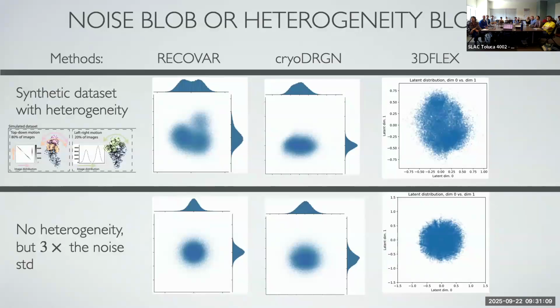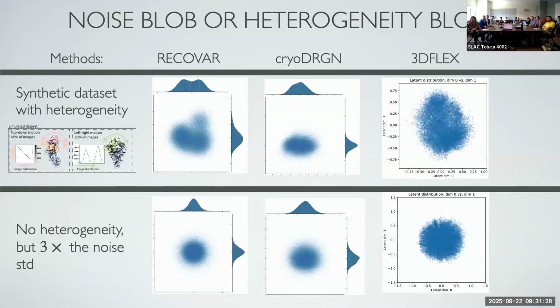The top one is the data set I just showed you with some synthetic heterogeneity. And the bottom one is another synthetic data set, but I scrubbed out all of the heterogeneity. So in this data set, there is only a single state. But these are heterogeneity methods, so they'll try to predict some heterogeneity in the data.